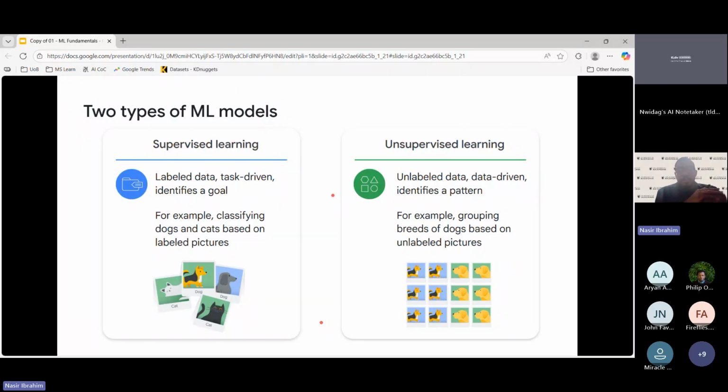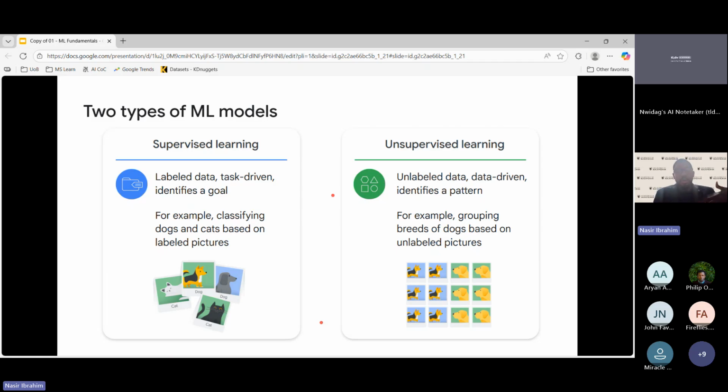Supervised learning is where you train a model with sample data, and you know the answer to the sample data, or you know the label of the sample data.